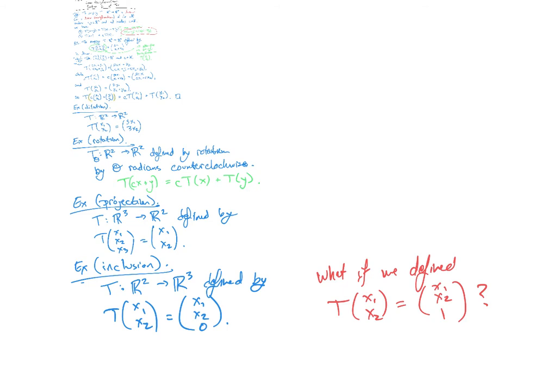Okay. What if we filled in that missing coordinate with a 1 instead of a 0? You'd break scaling. We'd also break addition. So we'd break everything. So that would not be linear.